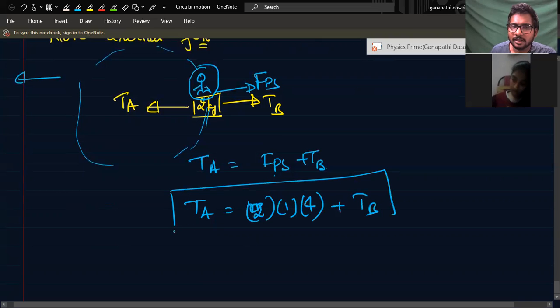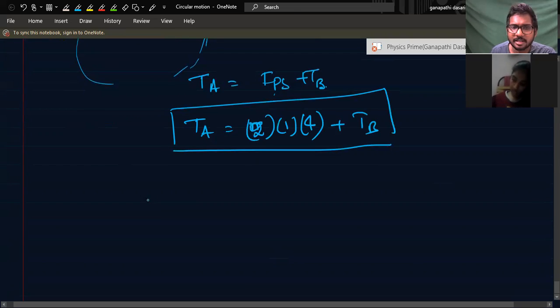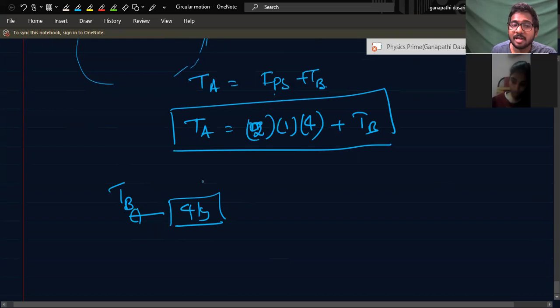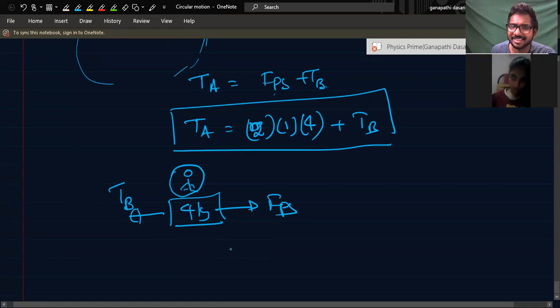Now, if we take the 4 kg block into consideration, the free body diagram, cut it and pull it, that is Tb. And because it is rotating, if you are sitting on this frame, there will be a pseudo force acting in the opposite direction. Now, for a person sitting on this block, that block should be at rest. That means Tb is equal to FPS.